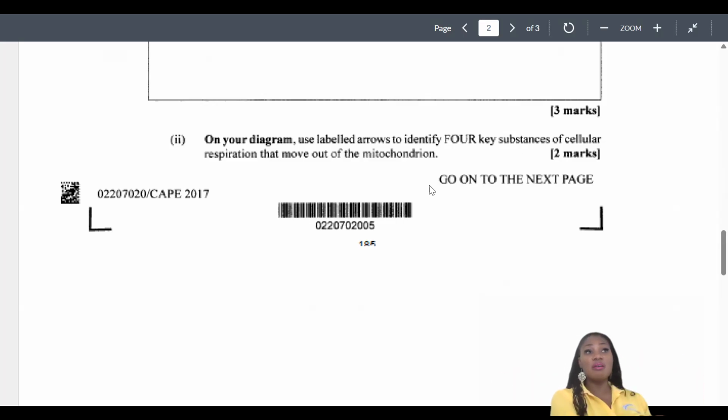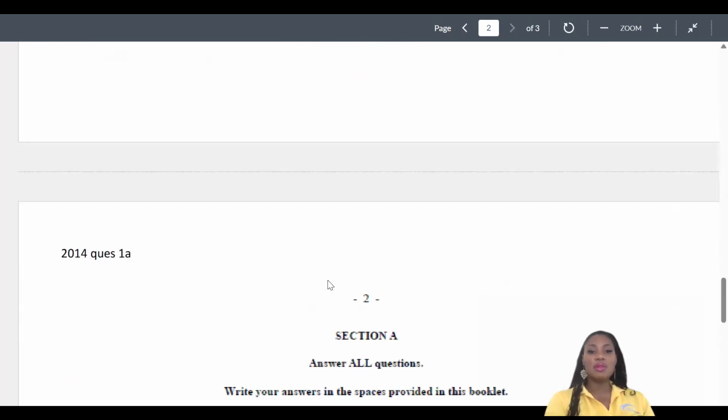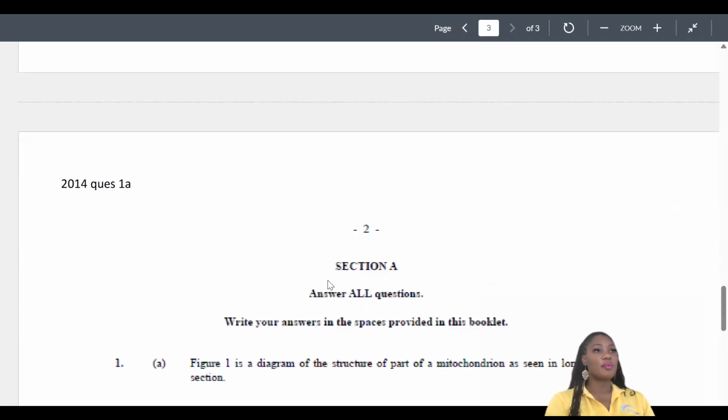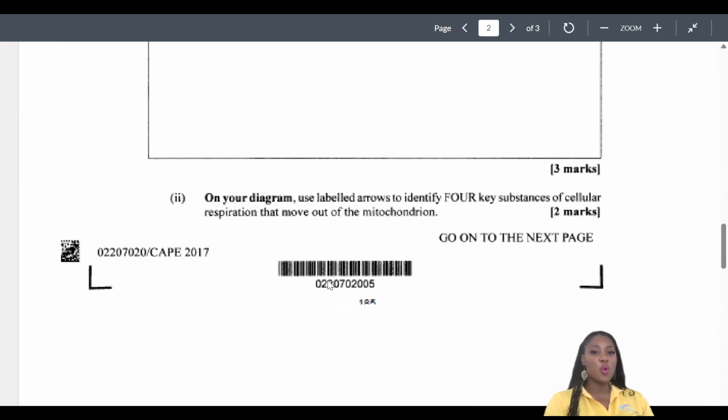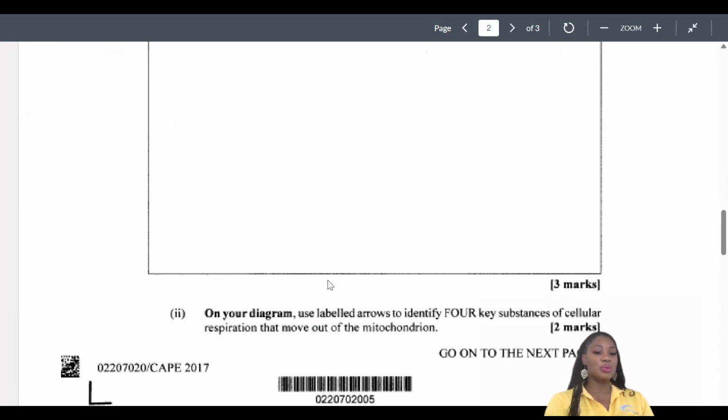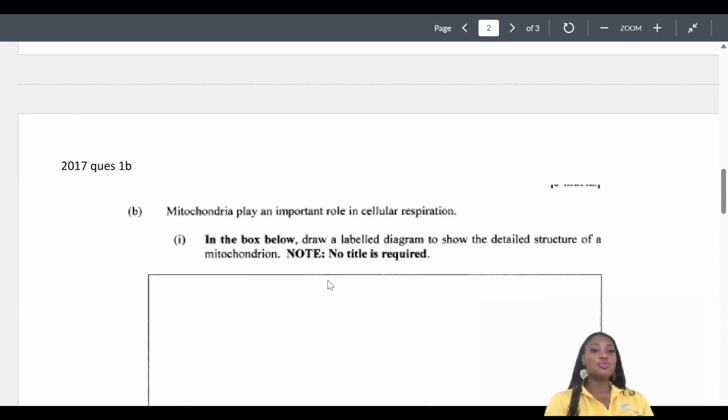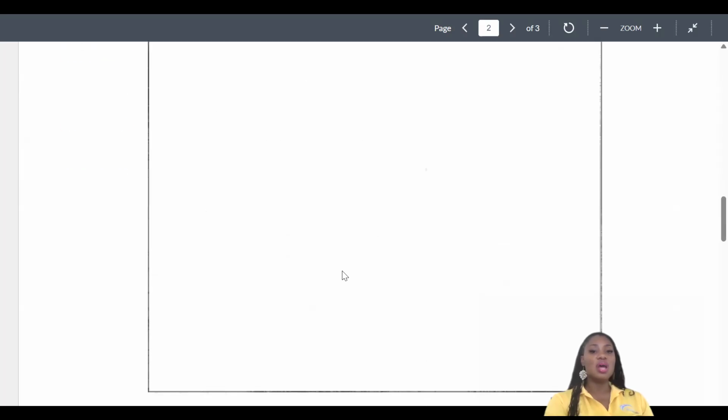Once they deliver their electrons, they go to being FAD+ or NAD+, and those need to leave the mitochondria to go back to picking up more electrons. So that will give you 4. They're just saying show 4 substances that are leaving out of it. So after you draw it, you'd draw an arrow pointing out and then list 4 substances.